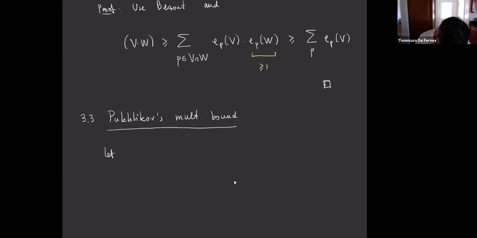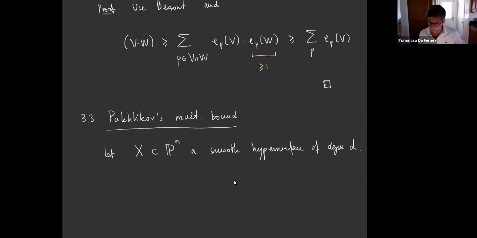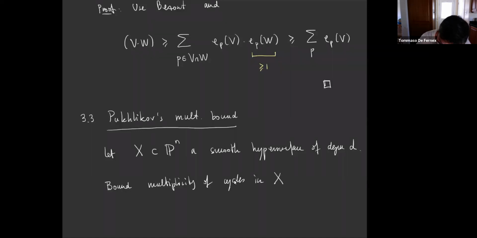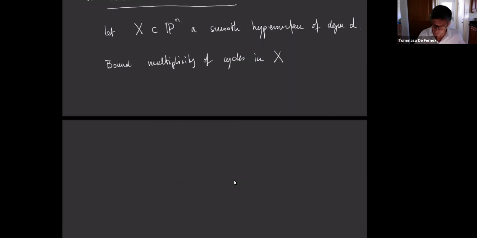So let me now consider the following setting. Suppose that X inside some projective space is a smooth hypersurface of degree D. And I want to bound the multiplicity of cycles in X. So I'm going to state it in the two cases we're going to use.